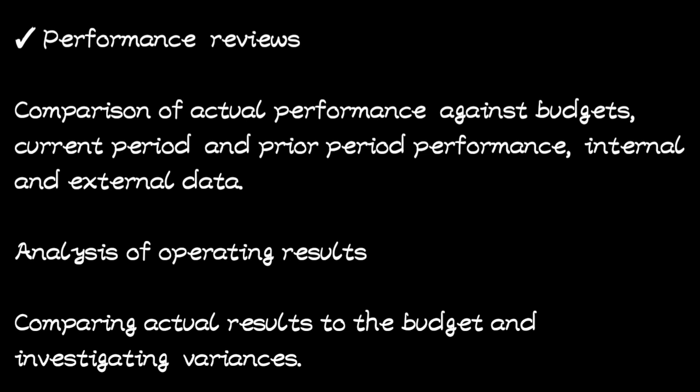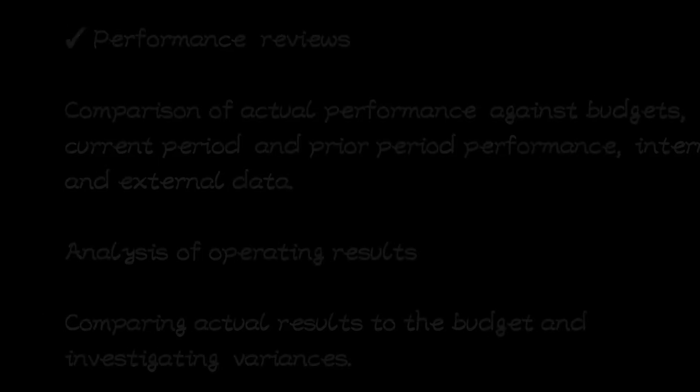So performance reviews involve analyzing operating results, comparing actual results to the budgeted ones, and investigating the variances. If there was an increase in expenditure, you find out why. If there was a decrease in expenditure, you find out why. Things like that.